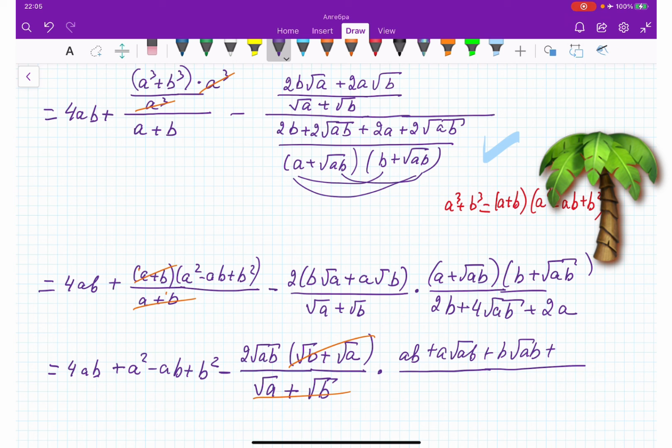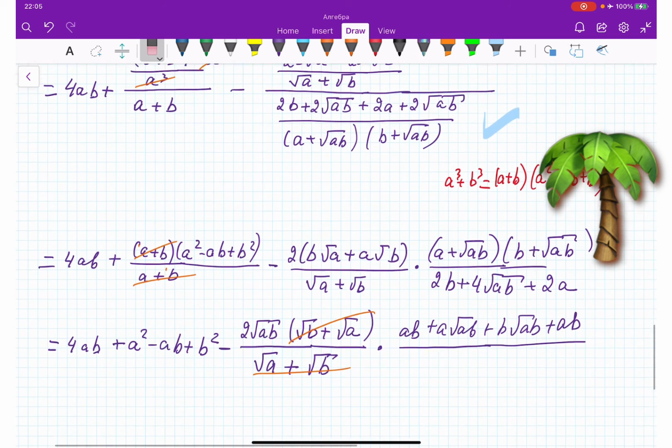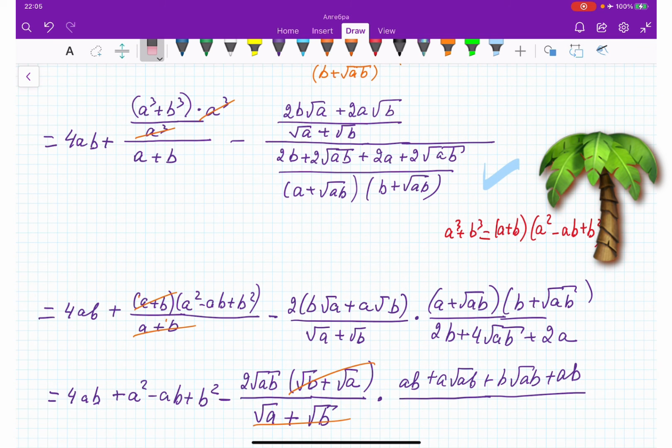This one, ab times ab, is going to be ab without square root. Yes? Okay. Now in the denominator, what we're going to have, this one. Let me do some drafting here real quick.